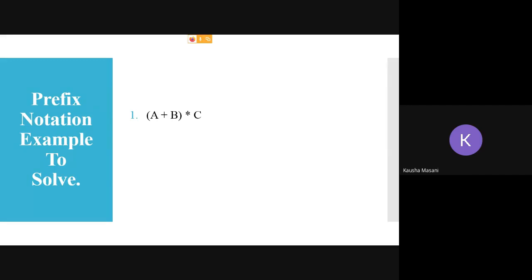Okay, Yasham? And the answer is also not right. Why does C go in front? B goes in front. And if you are giving me the answer, I would like to see how you are solving.